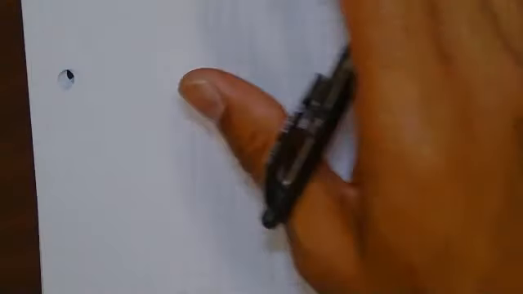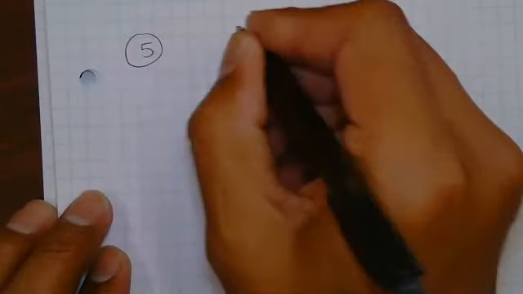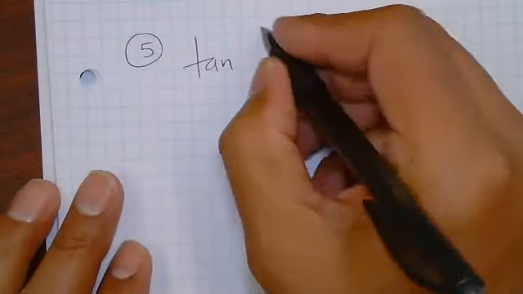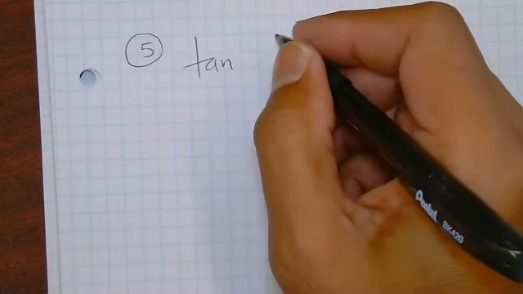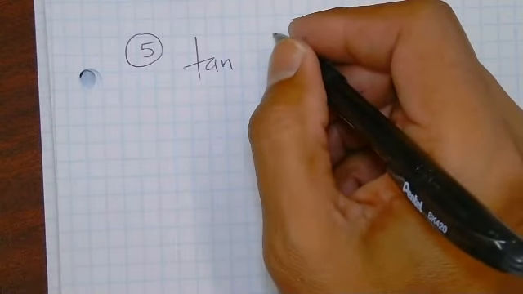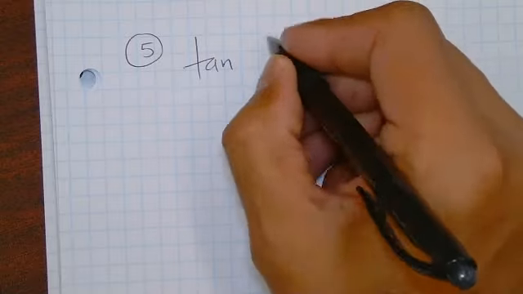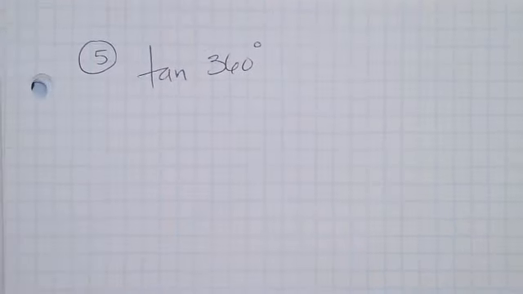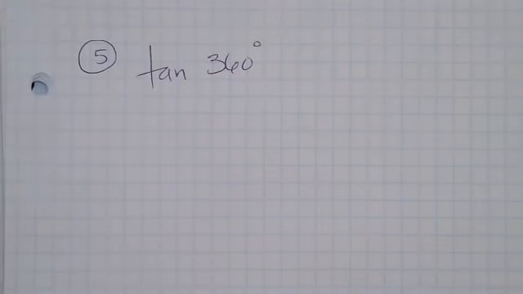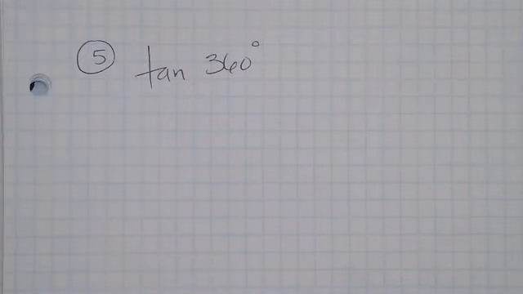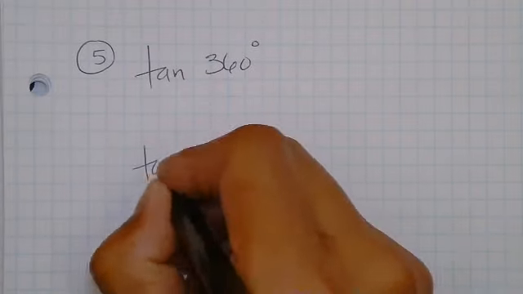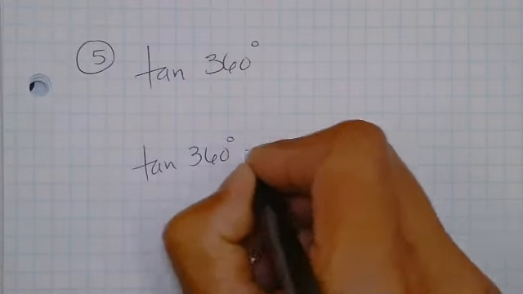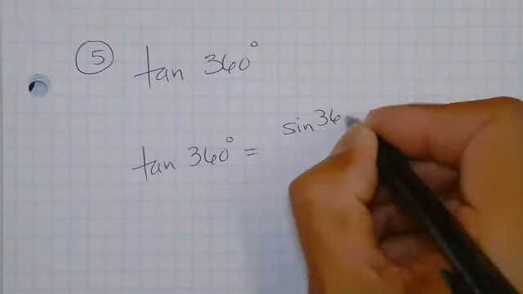Okay, here are the trickiest ones. Ready? 5 and 6, I'm going to put them together at the same time. Well, let's do 5 first. Find tangent of 360 degrees. What is tangent of 360 degrees?